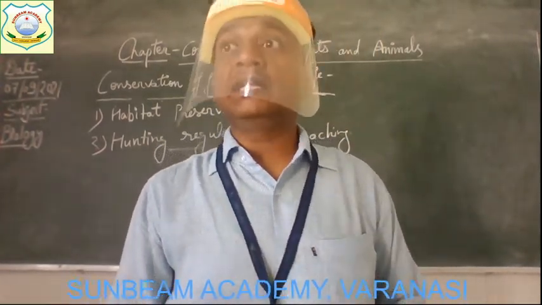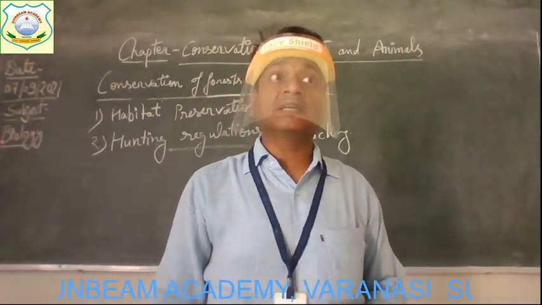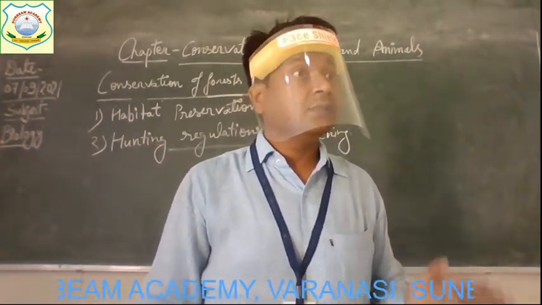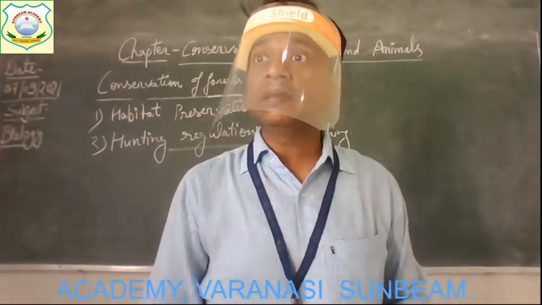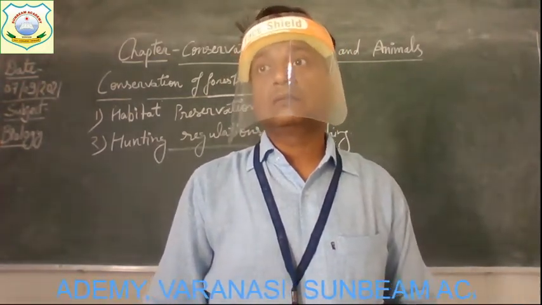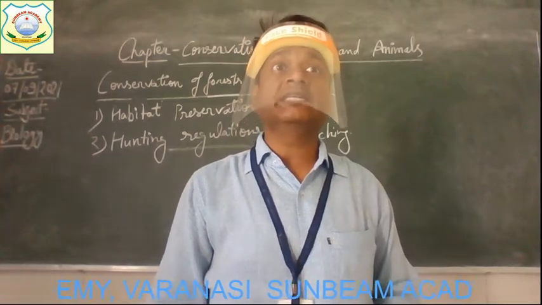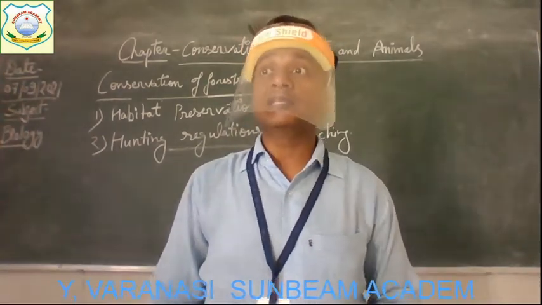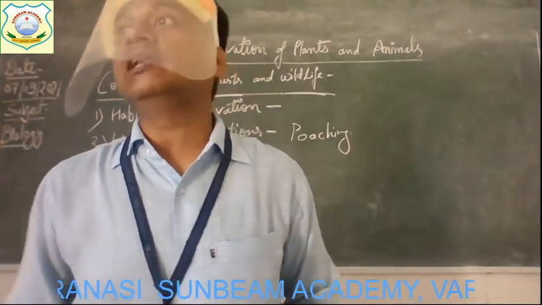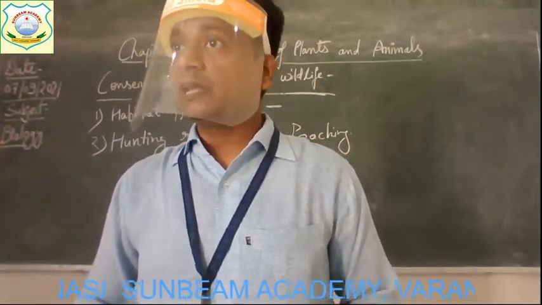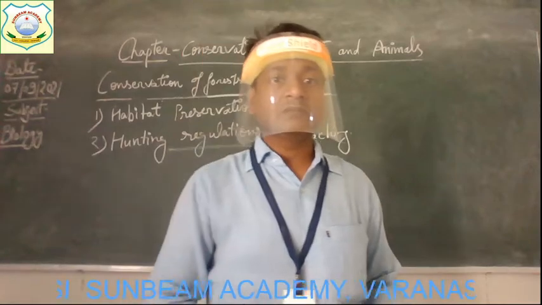And in our country, as the number of tigers is very less, the poaching or hunting of tiger is completely banned. Okay, no one can kill the tigers. If anyone kills one, it means he is killing it illegally. Alright, understood everyone?